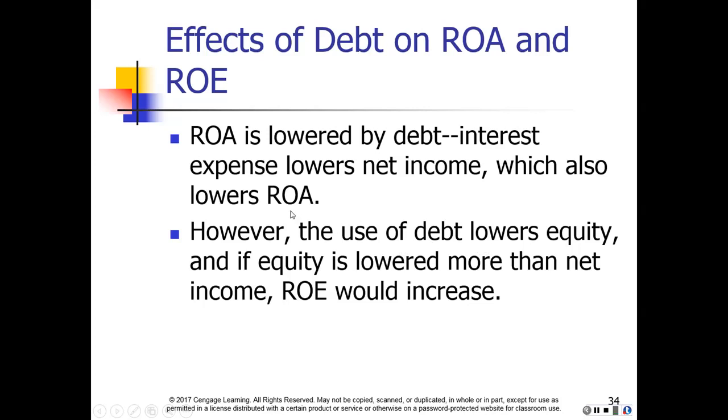ROA actually declines by adding debt because you're adding interest and net income is declining, but at first ROE will increase up to a point. Then after that, adding debt actually becomes too risky, and we will see that ROE will not rise, but rather decline.